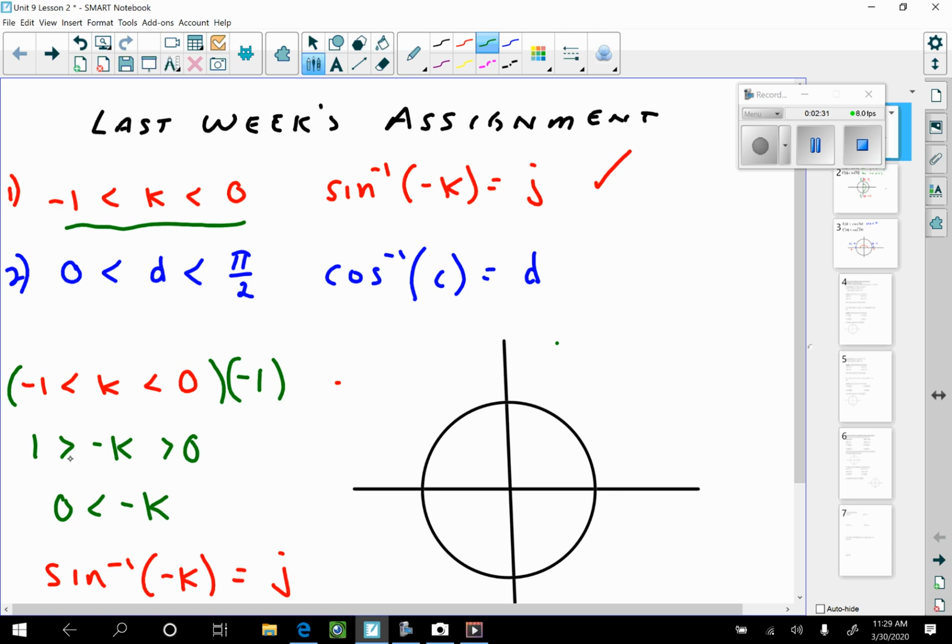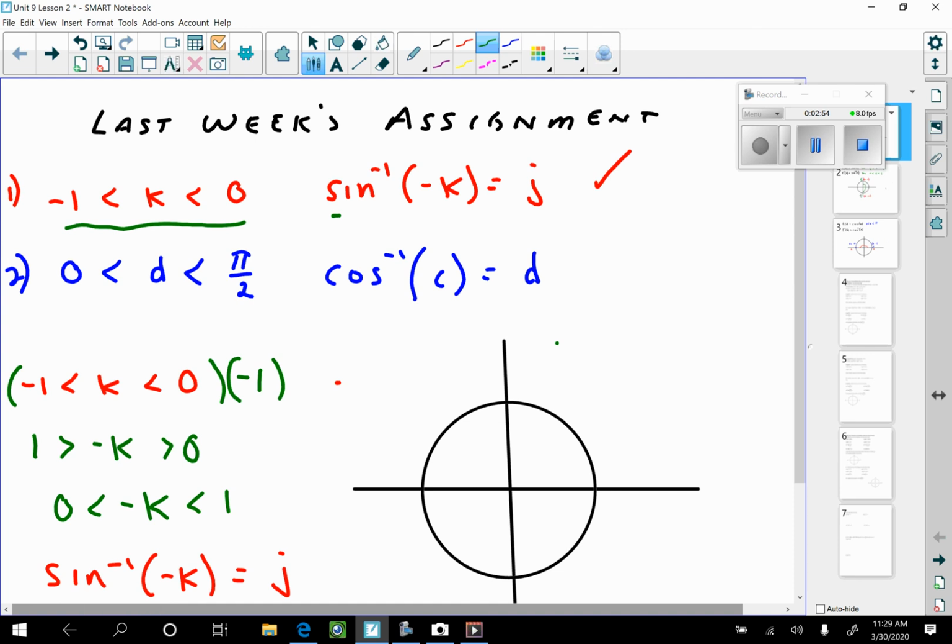That says 1, the less than becomes greater than. K times -1 is -k. 0 times -1 is still 0. That tells me right there that -k is going to be greater than 0. More importantly, -k is less than 1. So -k is up here between 0 and 1.